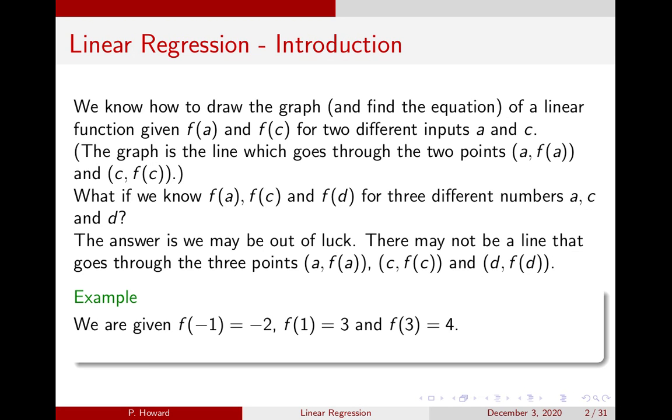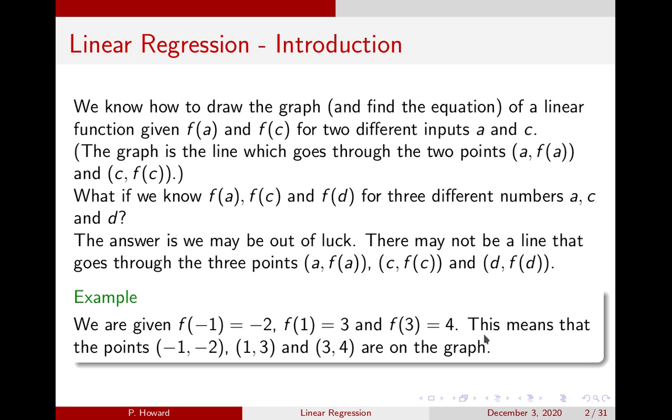So for example, let's suppose we are given that f of -1 is -2, f of 1 is 3, and f of 3 is 4. So this means that the graph goes through the points (-1, -2), (1, 3), because f of 1 is 3, and (3, 4), since f of 3 is 4.